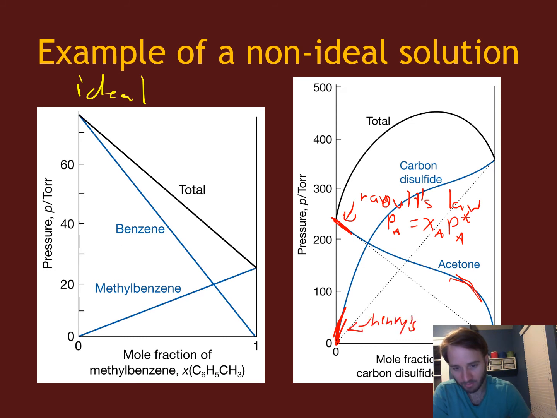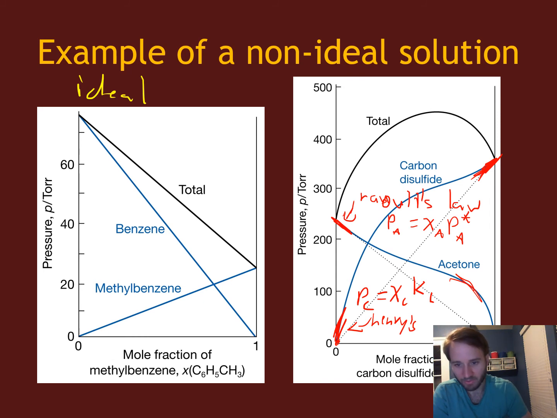Its pressure, I'll call it PC for carbon disulfide, is related to the mole fraction of carbon disulfide times Henry's law constant, Kc, which is different. Here, when the mole fraction of carbon disulfide is near 1, this is satisfying Raoult's law.